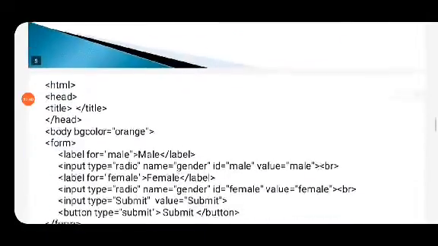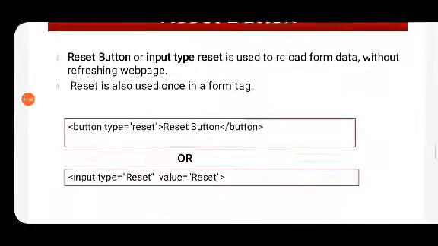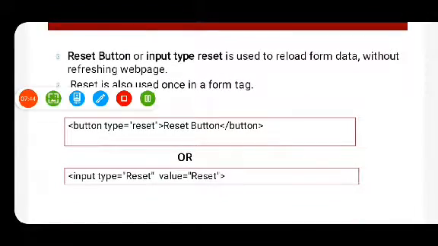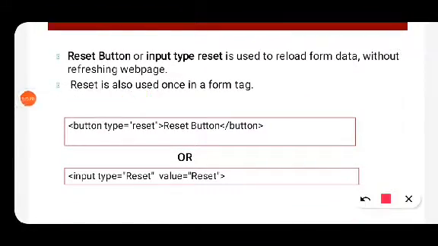Comparing the submit with the reset button, the command is almost the same, just type equal to reset. Since we want the text on the button to appear as reset button, we have written reset button. But with input type equal to reset and value equal to reset, I have written reset.